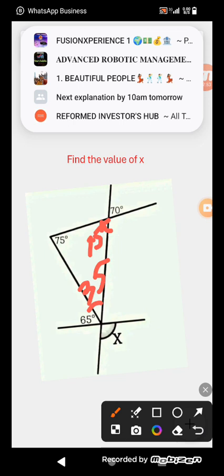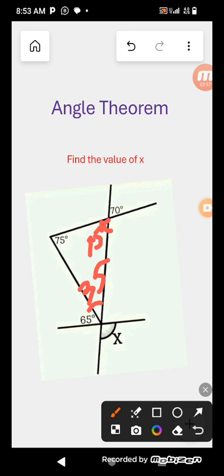Now, having 35 and 65 here, look at it. In our angle theorem, we say the angles on a straight line equal 180 degrees. Now look at this straight line. You have 65, you have 35.